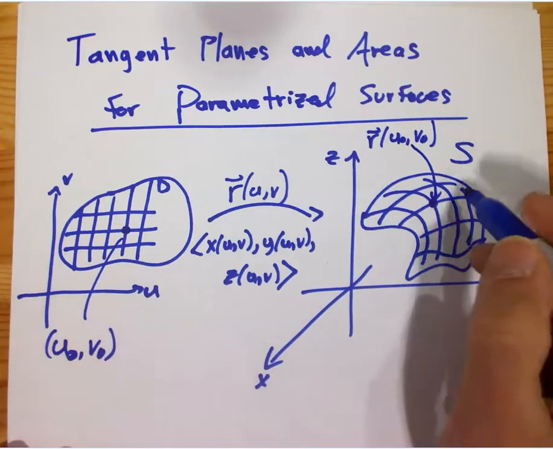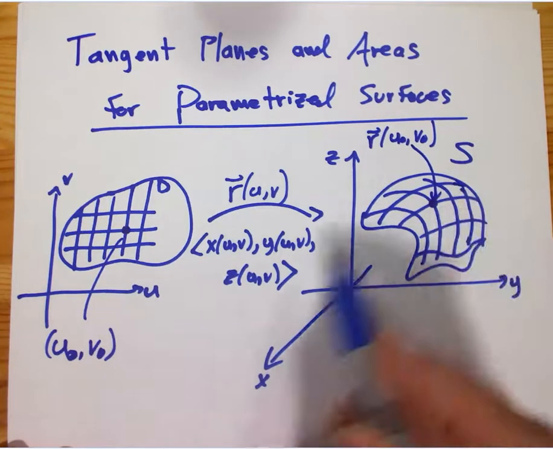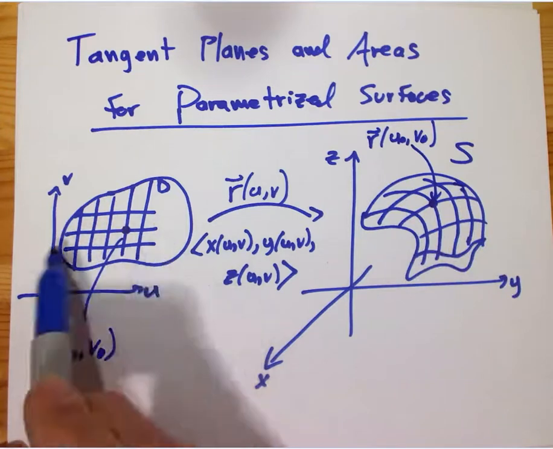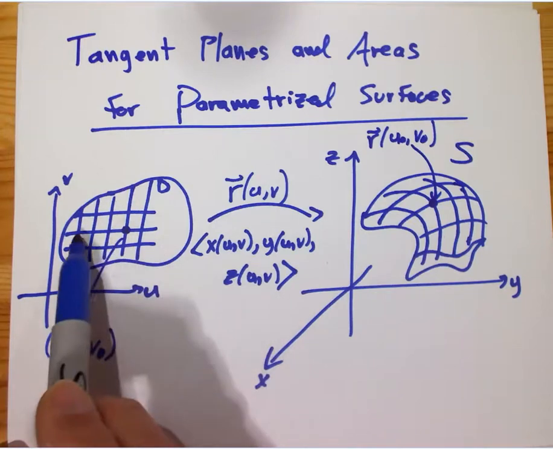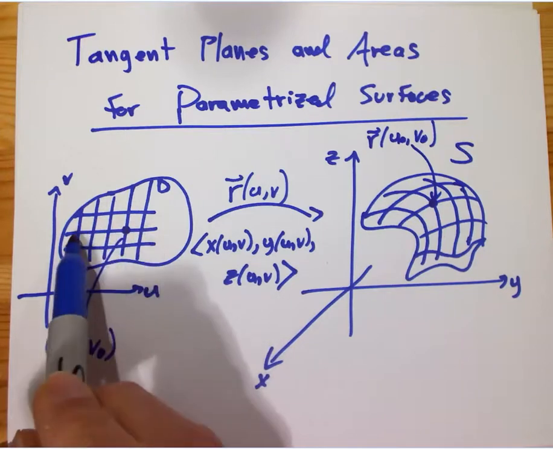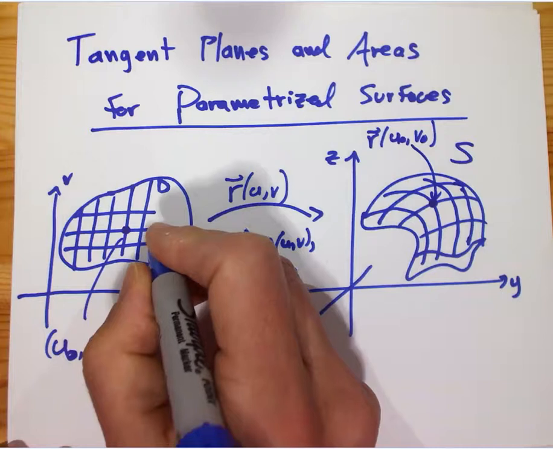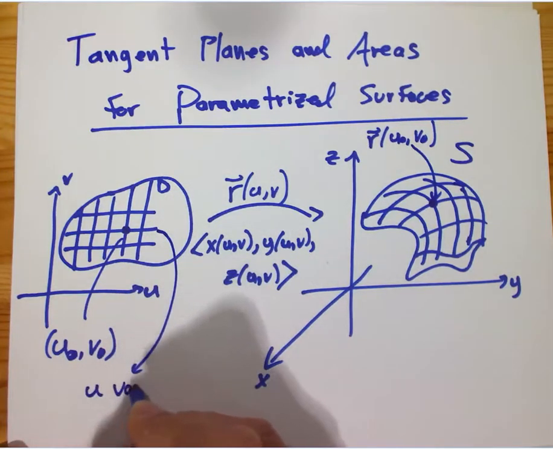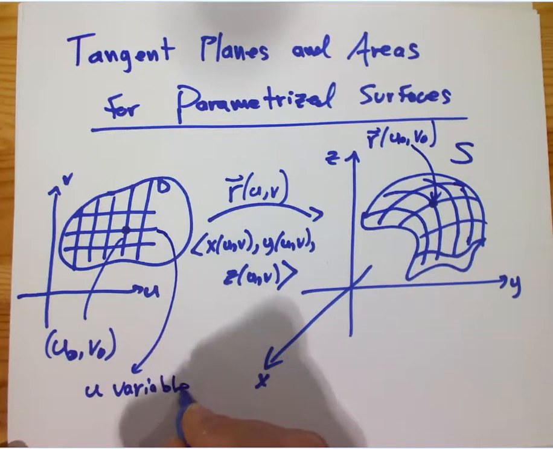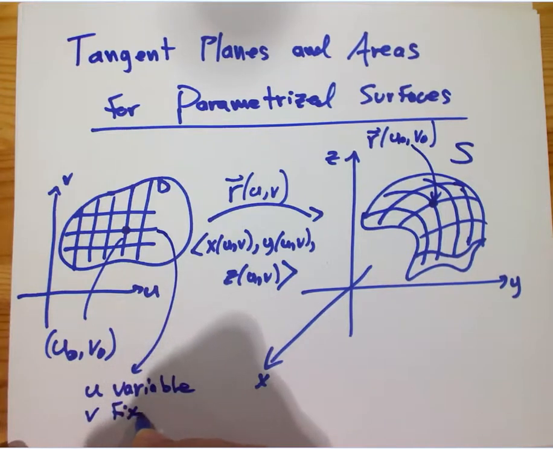Speaking of parametrized curves, the key to all of this is that each of these curves in the standard UV grid, just the rectangular grid, here, if I look at all the points, say along this curve, so that is a curve where u is variable and v is fixed.